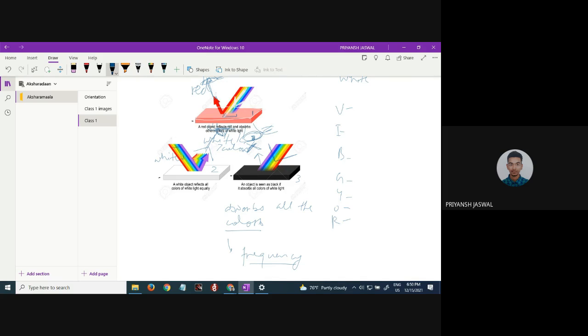You can't observe anything. But suppose in the surrounding of this black object, there are other objects, a red object, some other color, a blue object. So instead of getting completely dark, there will be other objects like you can see.